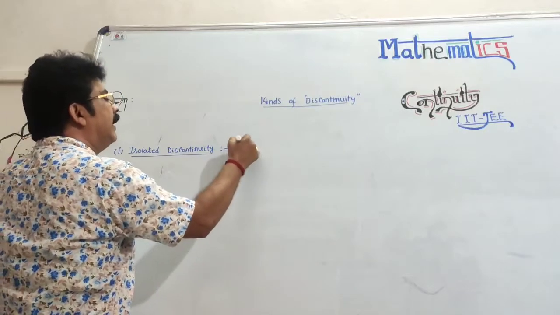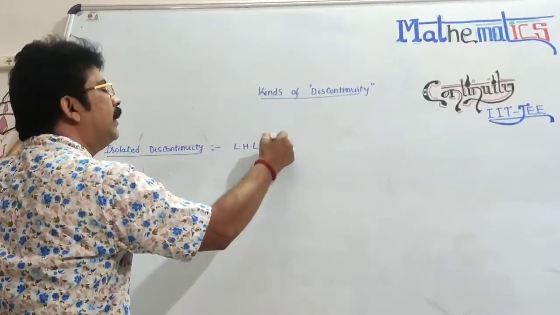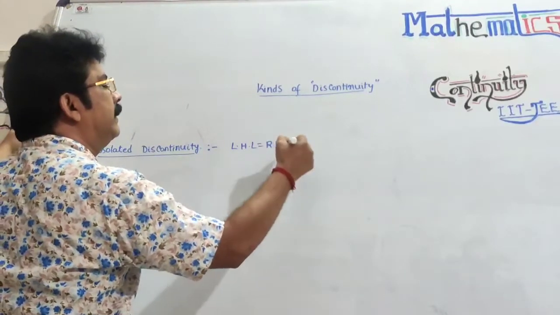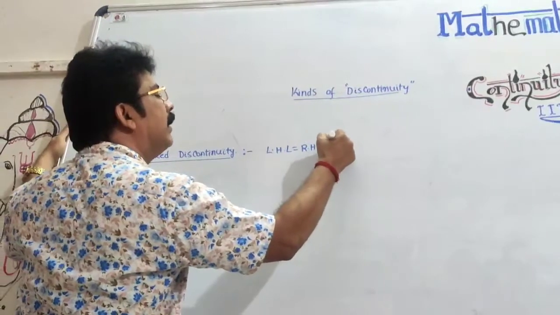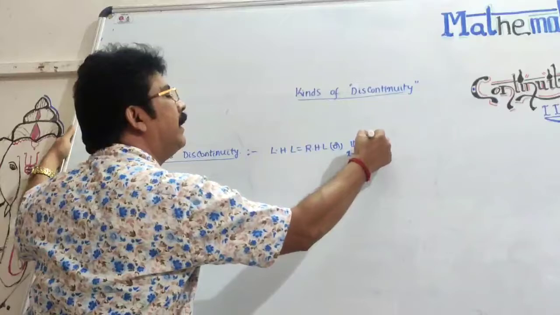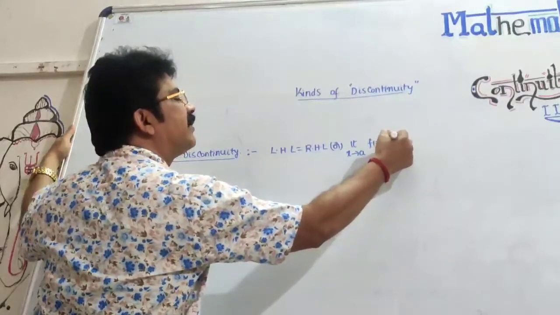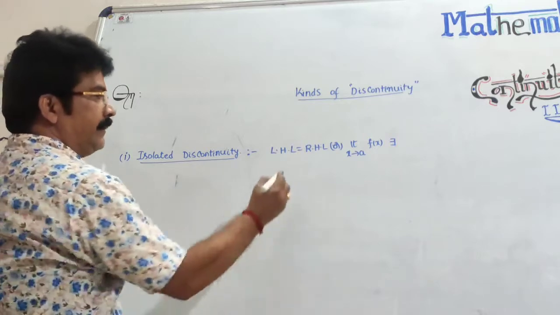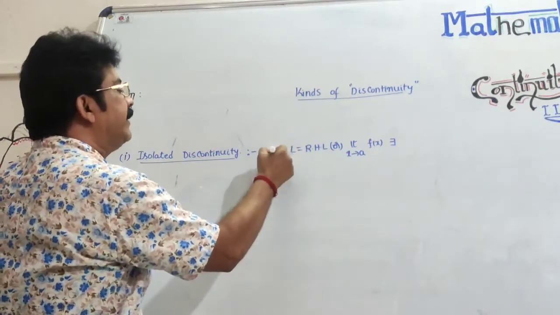is what? Left hand limit is equal to right hand limit, or limit as x tends to a of f of x exists. Left hand limit, right hand limit means at x equal to a.